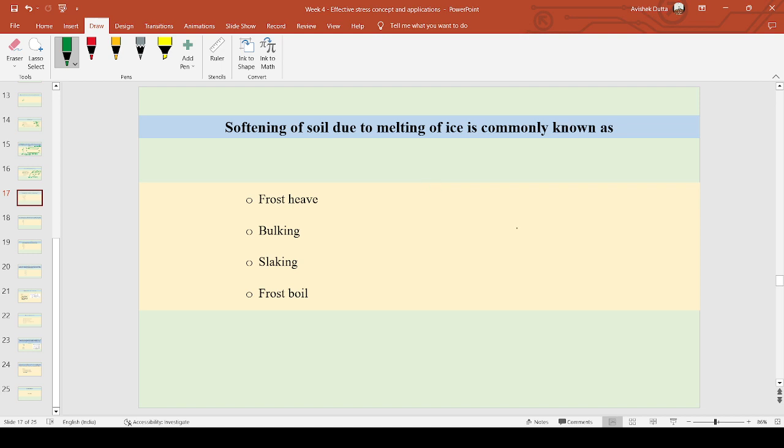This process is called frost boil. Frost heave is the opposite, the freezing of water to ice. Softening of soil due to melting of ice in the capillary region is called frost boil. It's clear?